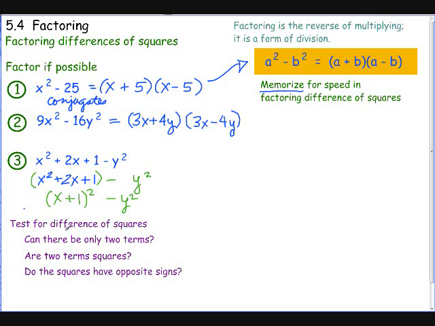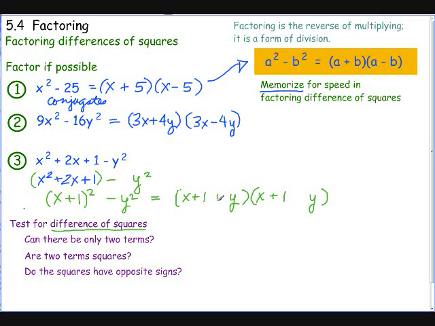So, in fact, we do have a difference of squares. And when we go to factor that, what did we say we do? We divide it into conjugates. We take the square root of the first term, which is x plus 1, and then we take the square root of the last term.